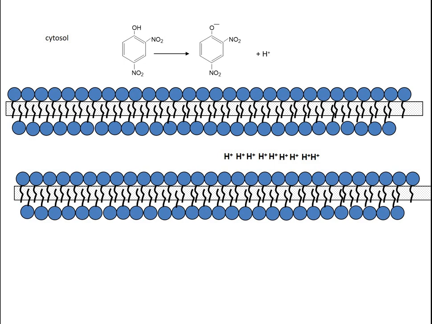It enters inside the mitochondrion spontaneously and takes a proton from the intermembrane space. After that, it returns the proton into the mitochondrial matrix, bypassing ATP synthase. As a result, the required gradient potential for ATP synthesis will not be reached.